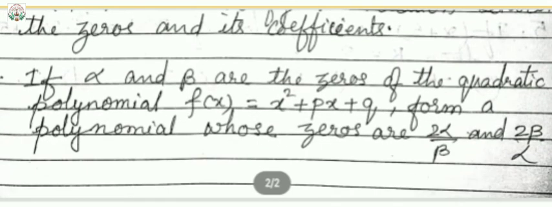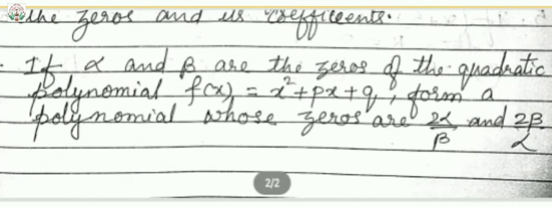If alpha and beta are the zeros of the quadratic polynomial f of x equals x square plus px plus q, form a polynomial whose zeros are 2 alpha upon beta and 2 beta upon alpha. So now the first polynomial is given as x square plus px plus q.